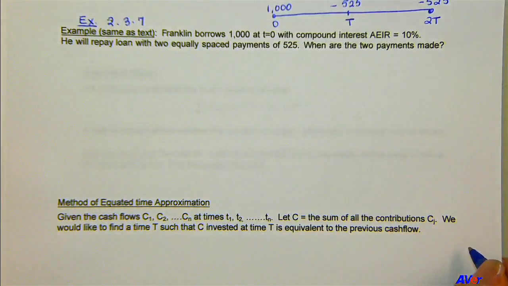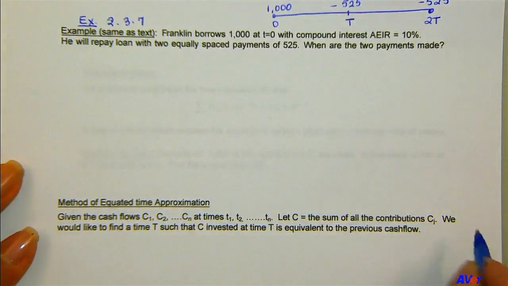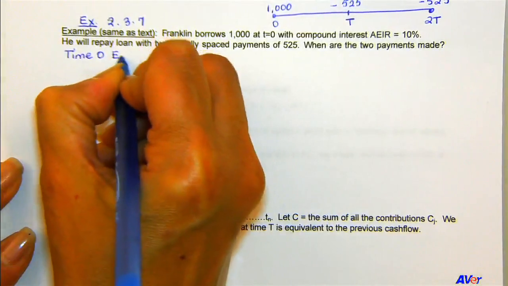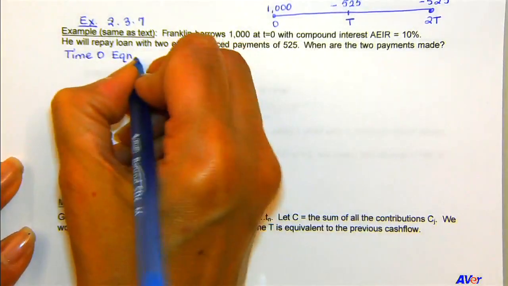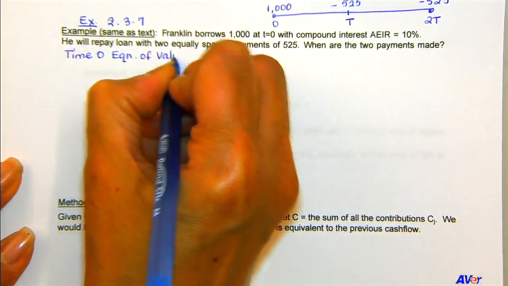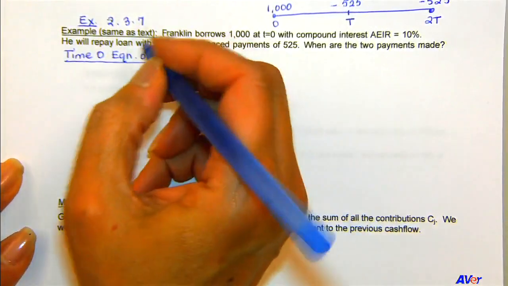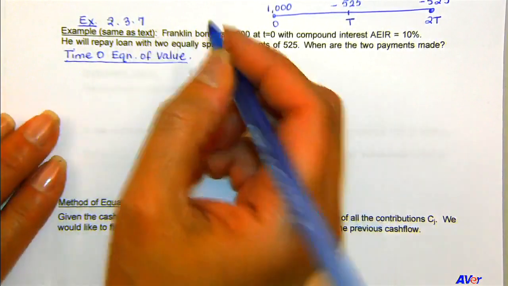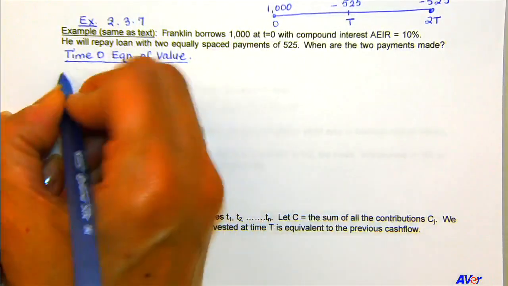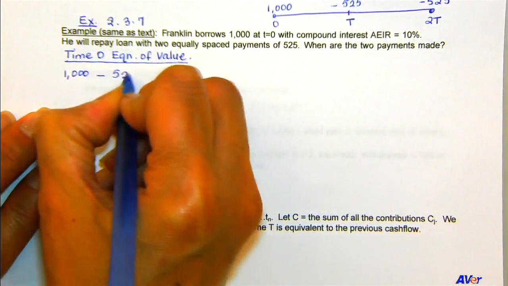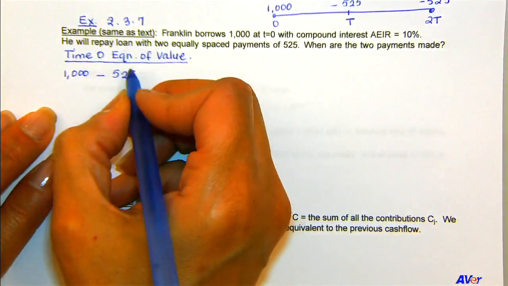How about time 0 equation of value? Tau is 0. Let's bring everything back to 0. What will it be? Can you tell me? 1,000 minus 525.